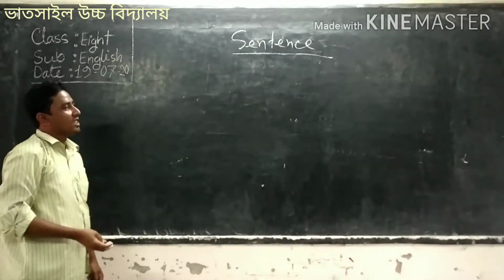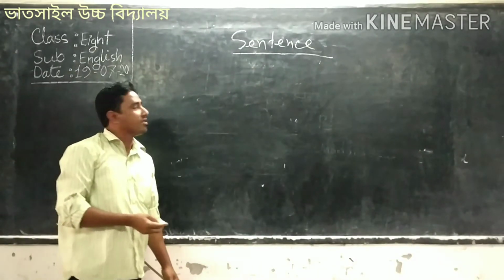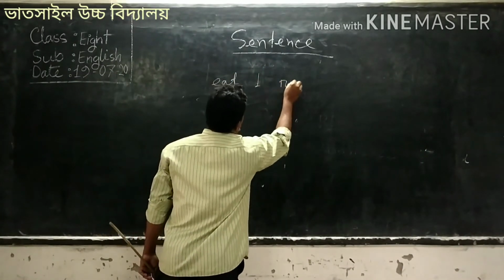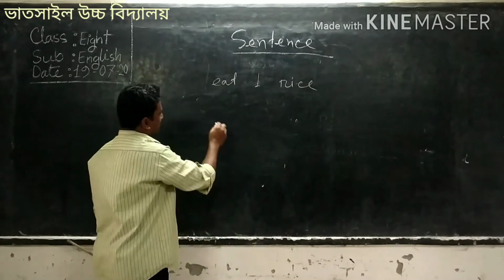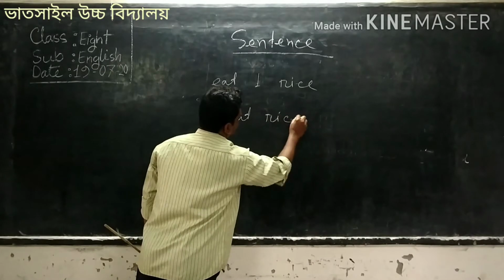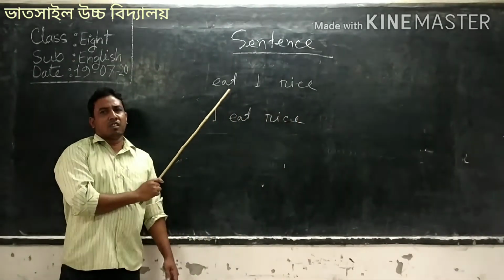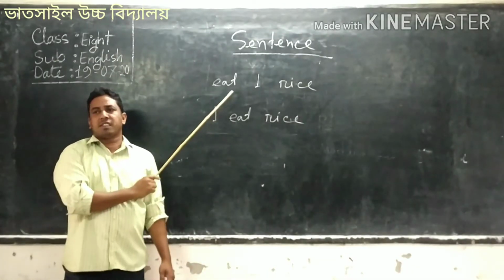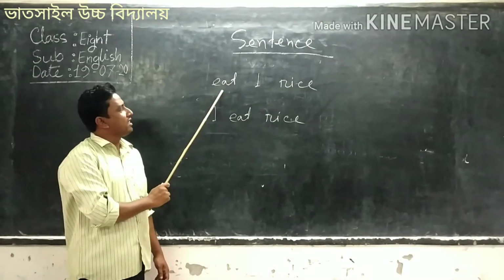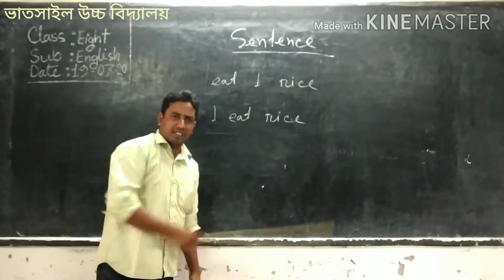Now, I am writing something on the blackboard again. Look at the board and see two things again. At first, eat, I, rice. Is this a correct sentence?